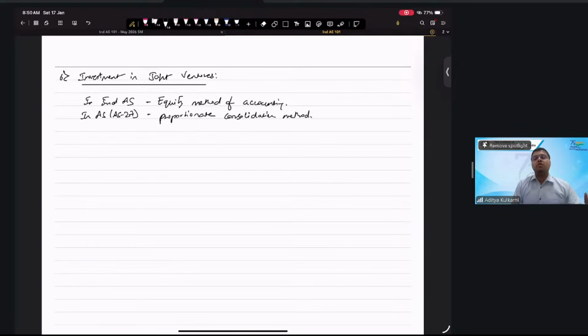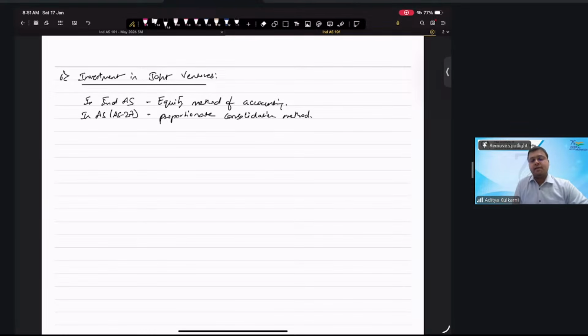Answer is yes, because you have a purchase and then you have accounting. You have a proportionate consolidation. So you have proportionate net assets getting accounted under AS, against which there is a purchase consideration. These two will not match. The difference will give rise to goodwill. That will not happen under equity method of accounting.